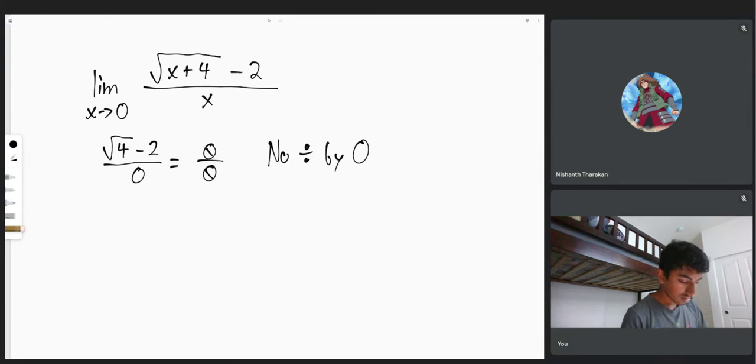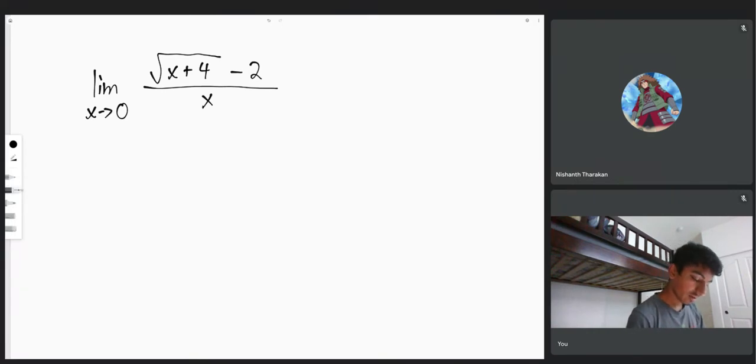So, today we'll be covering one of those methods. It's called conjugating. So the conjugate of a plus b equals a minus b.